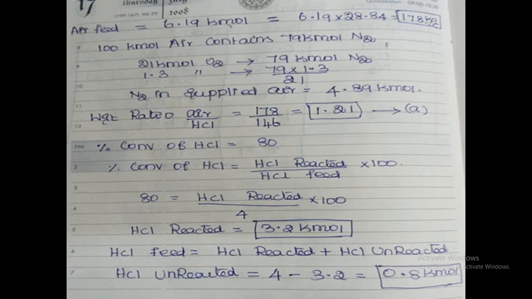Since 1.3 kilomole of oxygen is present in air, how much nitrogen is present? 79 into 1.3 divided by 21. By cross multiplying, we finally get nitrogen in supplied air 4.89 kilomole.